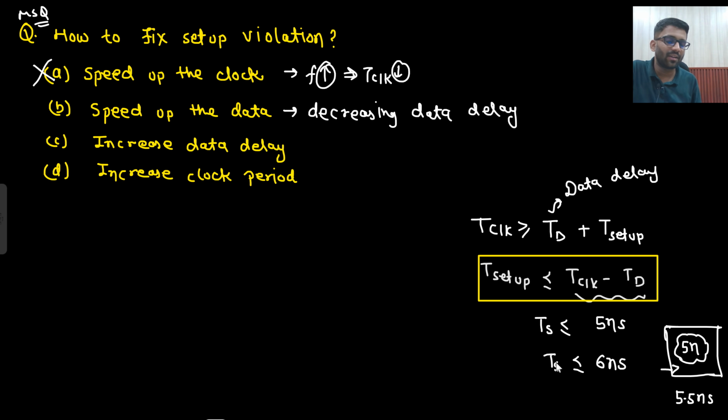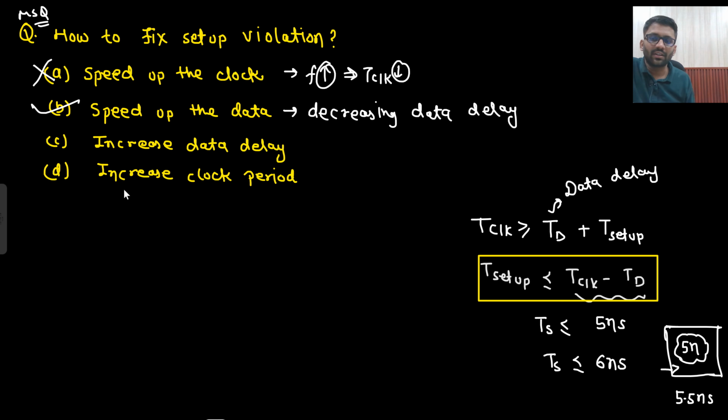Now I should not say setup time requirement has increased; I would say the setup time window has increased. Now your window has increased, so you can afford 5.5 nanosecond as well. So yes, this is correct.